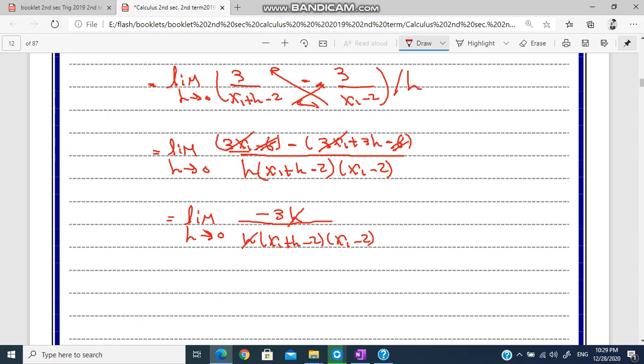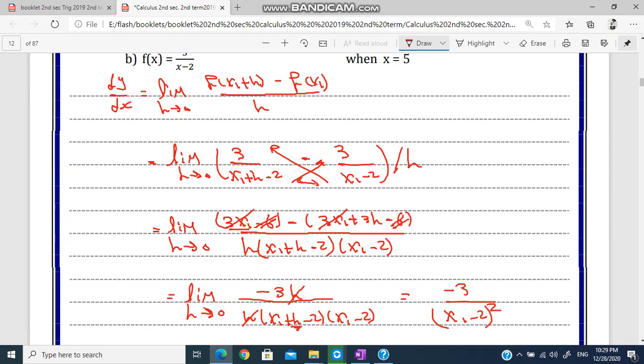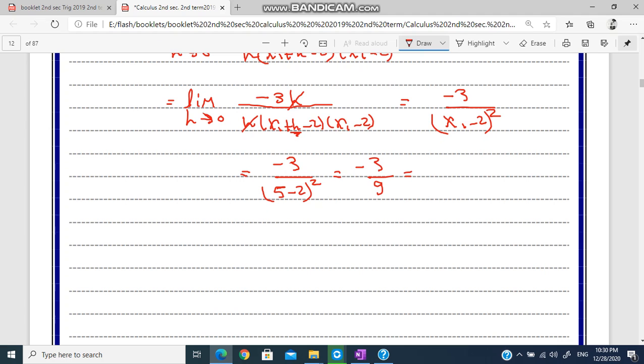Cancel h with h, and by substitution of h equals 0, it will be negative 3 over (x1 minus 2) power 2. This is dy by dx. As x equals 5, it will be negative 3 over (5 minus 2) power 2, which is 3 power 2 equals 9, so negative 3 over 9 equals negative 1 over 3.